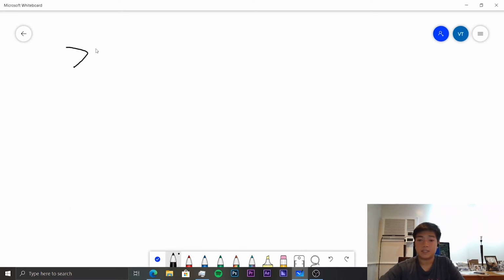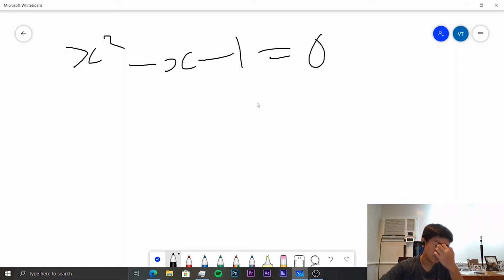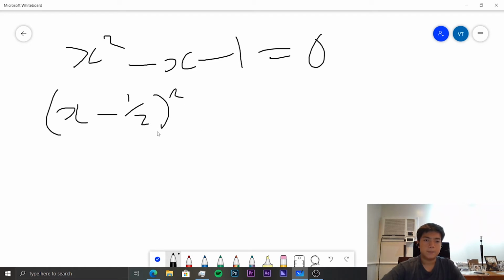We have x squared minus x minus 1 is equal to 0. Of course, we could factorize this, but it's useful to know how to complete the square. So again, this would be x minus 1/2 squared minus 5/4 is equal to 0.